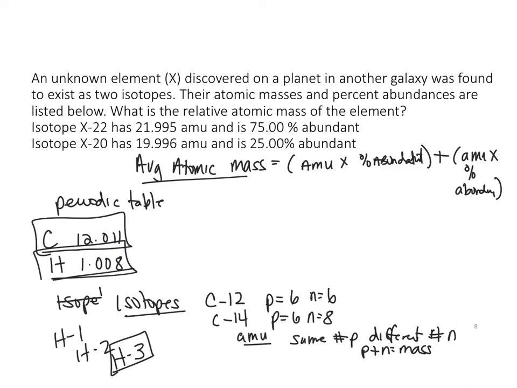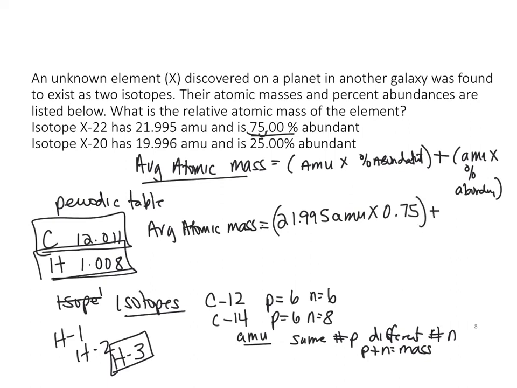So let's figure out what the average atomic mass is here. You would take 21.995 AMU times, now you won't want to put 75% in there, you want to move the decimal 2 places, times 0.75. And then we're going to add the next one, 19.996 AMU times 0.25.